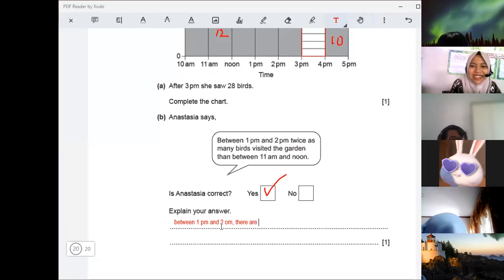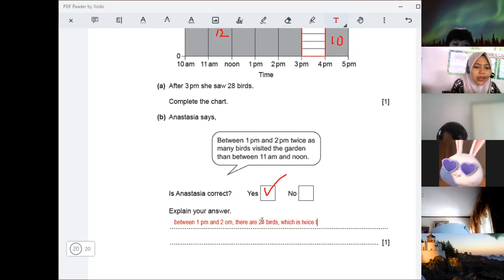Many, how many? Ayo dong, fokus. 12. How many birds? 24. 24 birds. Which is twice as many as birds in 11 a.m. to noon.